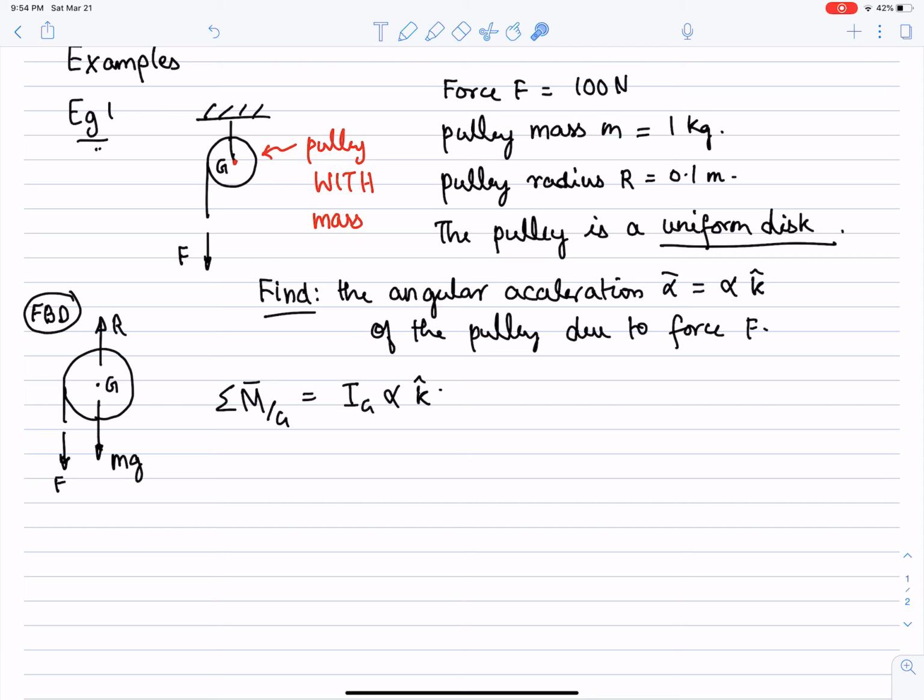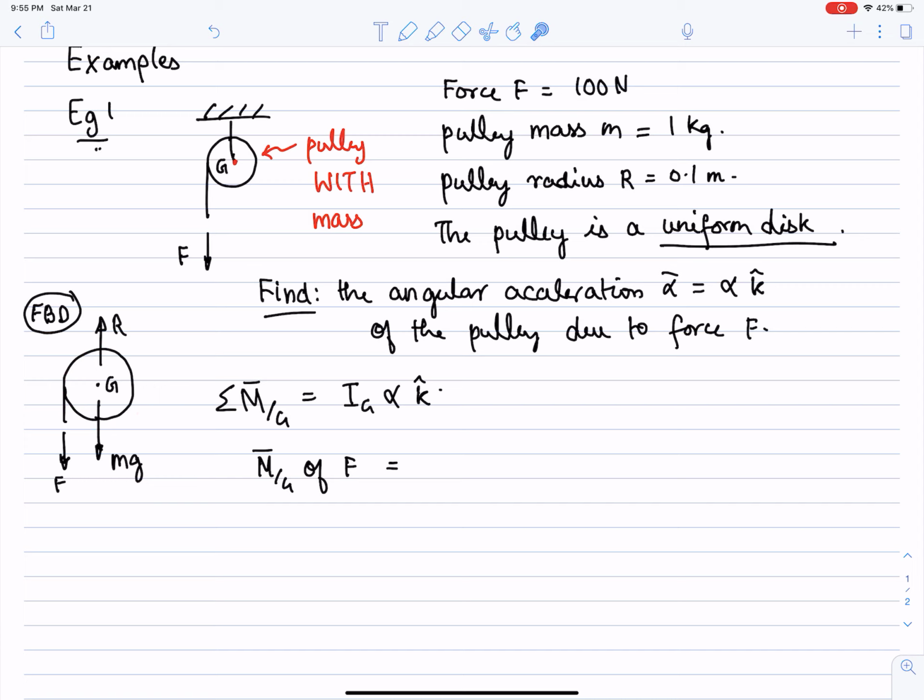If you have a force that passes through G, that force does not produce any moment about point G. So the only force that produces a moment about point G is this force F. The moment about G of F is F times R, the scalar product, and it's anticlockwise.